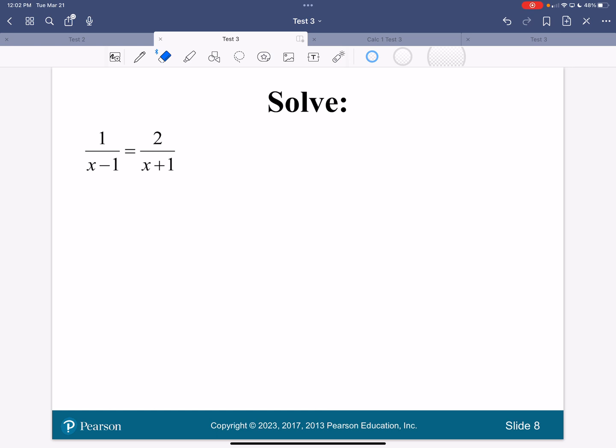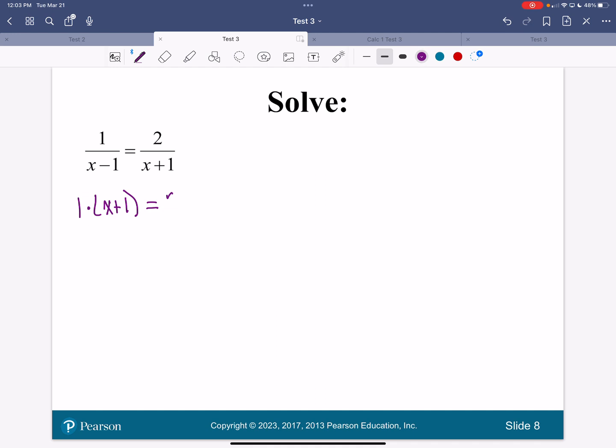Okay, so what I would do with cross multiplication is I multiply these two together, and then I multiply these two together. So I would have 1 times x plus 2, or I'm sorry, x plus 1. Okay, so I've just multiplied 1 times this, and that's equal to 2 times x minus 1.